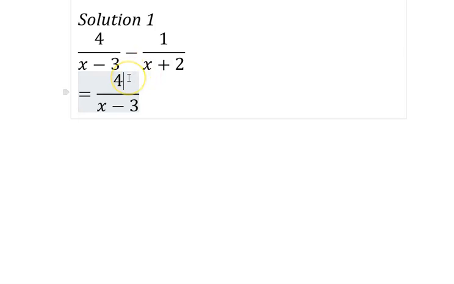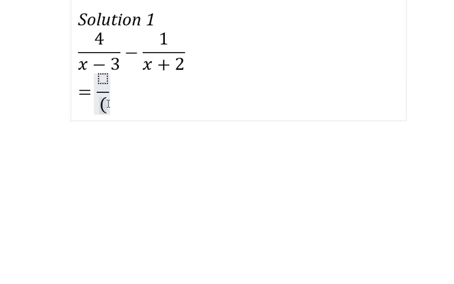Let's just use this as a template. Now, the LCM of x minus 3 and x plus 2 is actually both of them, because these are not ordinary numbers.